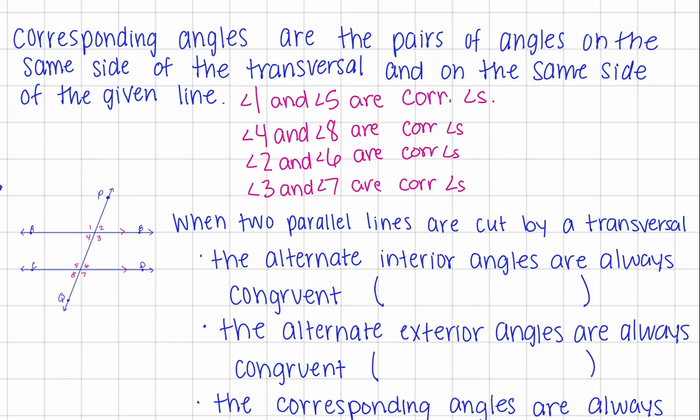Okay? And so we say the alt interior angles of parallel lines. So that means that the alternate interior, so 4 is congruent to 6, and 3 is congruent to 5.